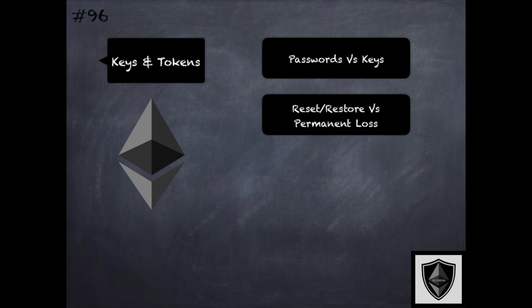So unlike the resets or restores of passwords, loss of keys or loss of the seed or secret phrases that generate these keys is really irreversible, and there is no recourse or entity that you can go to and have them restored. At least that is the goal.